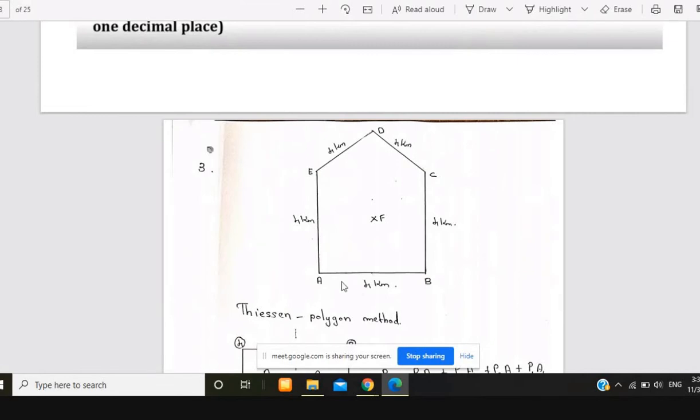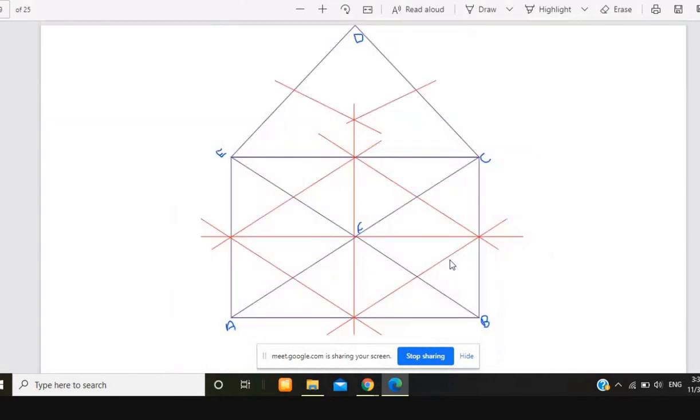The question is given: A, B, C, D, E and F. It is a pentagon and each side is 4 kilometers, and you have to find out the mean precipitation. So here, A, B, C, D, E, F. In the Thiessen method, what we have to do first is join all the stations.